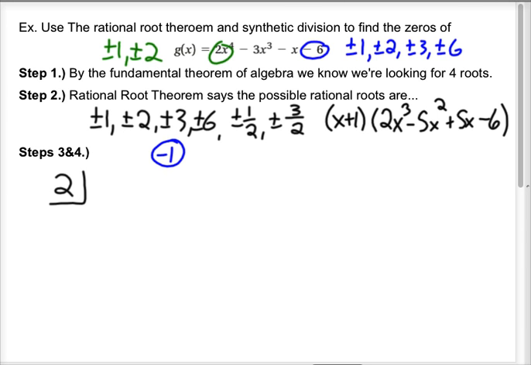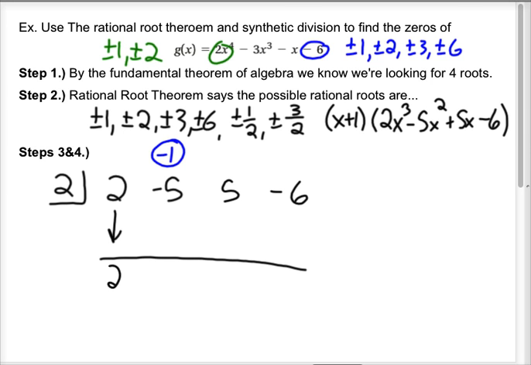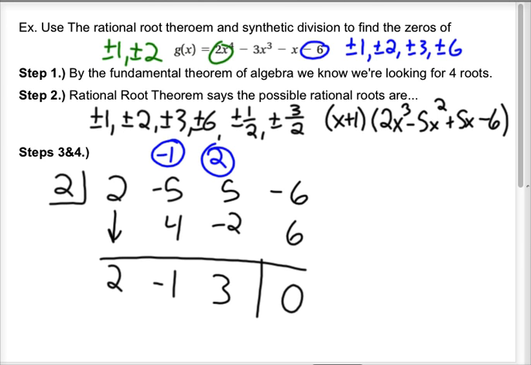So, root of 2, so I have 2x cubed, negative 5x squared, 5x, and negative 6. I'm going to pull down the 2, and now multiply by 2. Add, multiply by 2. Add, multiply by 2, and add. And once again, it did turn out to be a real root.